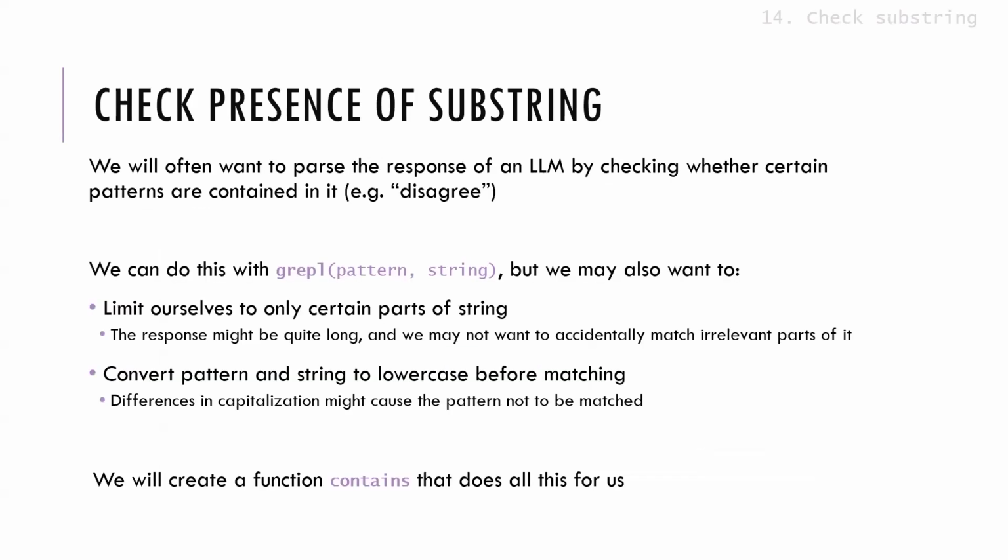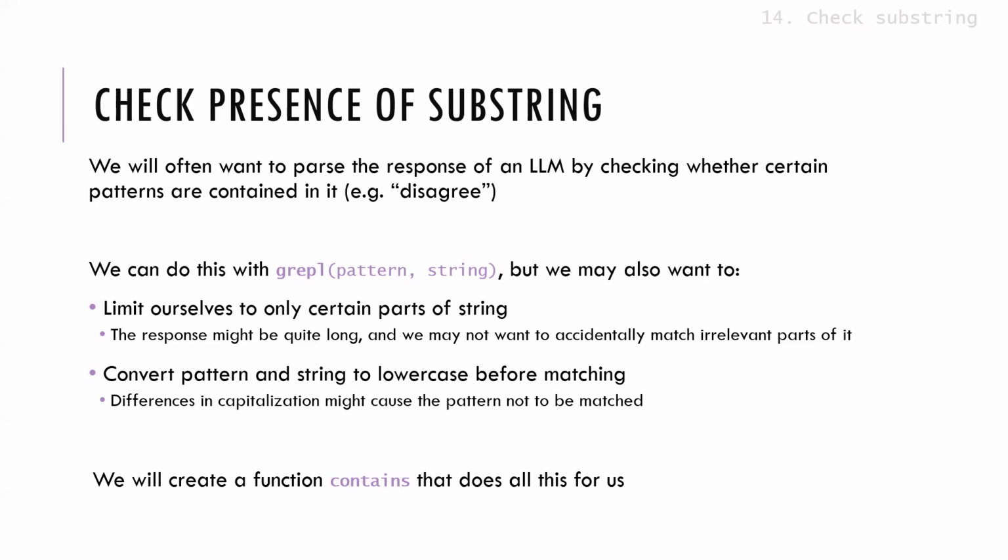Okay, lastly, sometimes you want to check the presence of a substring. For example, if you ask an LLM, read this person's Twitter post, and to what extent do you think the author would agree with the following statement? I like to party, right? Some personality questionnaire, right?